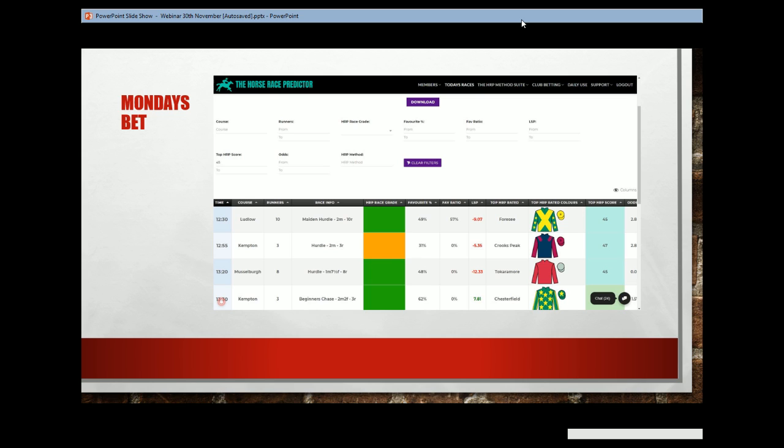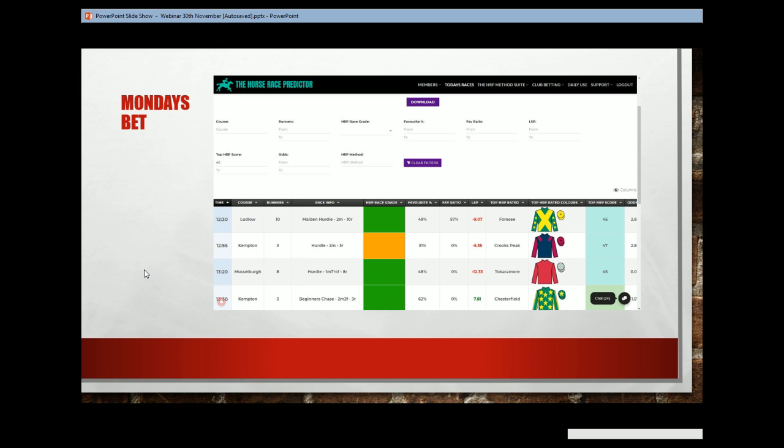The top rated is 4C. Now, that was third favourite in the race. Look at the colour. HRP race grade, green. Look at the favourite percentage, 49%. That is a favourites race. 4C, the top rated, was third favourite. I do believe it placed, but it didn't win.